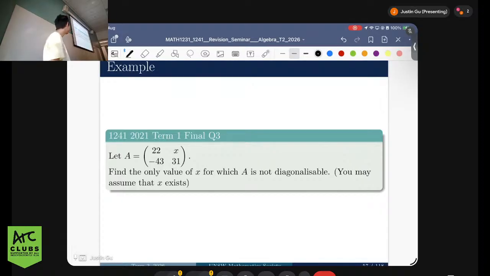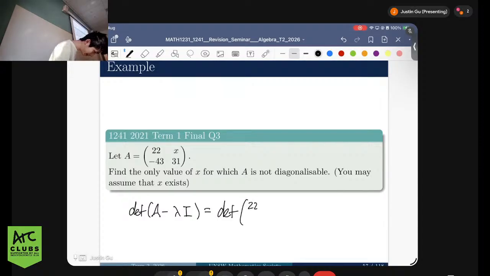Okay, so can anyone tell me what the characteristic polynomial of A is? To get it, we want to find the eigenvalues first, or potential eigenvalues, so we look at the characteristic polynomial, given by the determinant of A minus lambda I, which is the determinant of the matrix with entries 22 minus lambda, x, negative 43, 31 minus lambda.